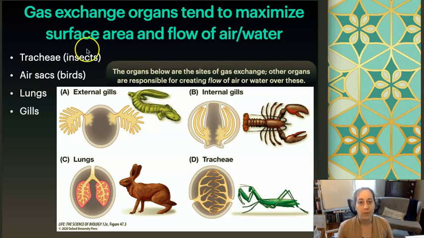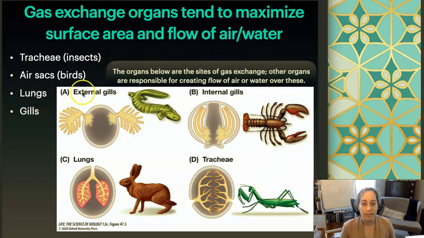So there are different organs that participate in gas exchange, depending on the animal group that you're looking at. Insects have these tracheae and spiracles, which are at the interface of the environment and the body. Birds have air sacs. We have lungs as mammals, and then fish and some other types of animals have gills.